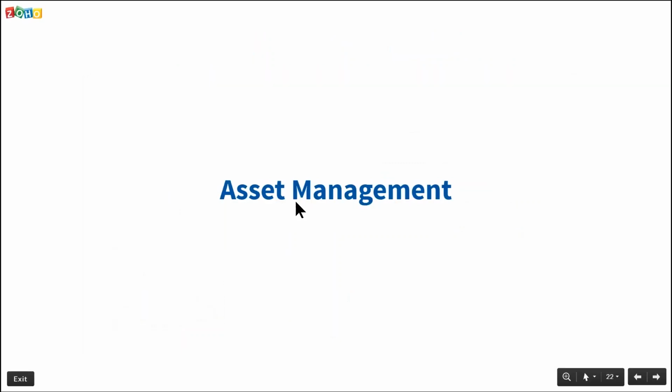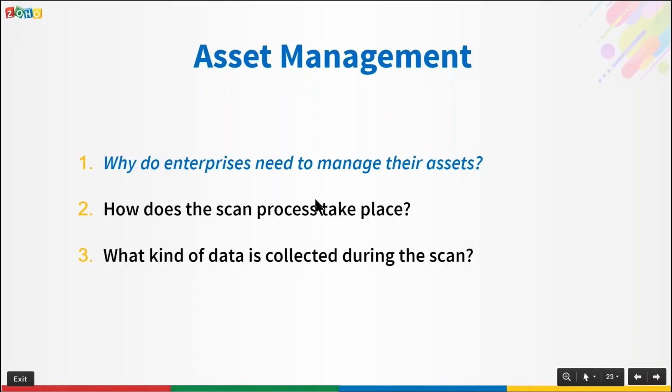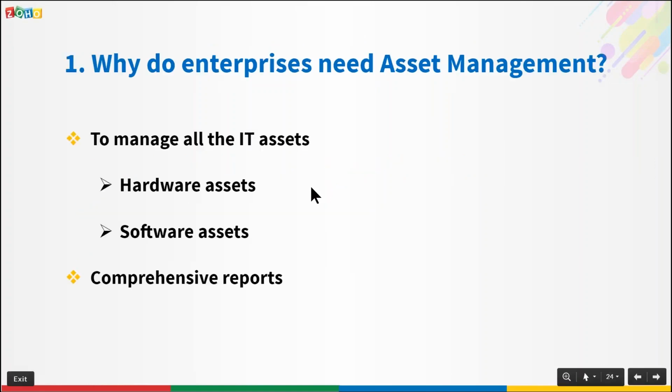So far, we have learned the general architecture of Desktop Central, how the agent communicates, and how we can define multiple remote offices. Now let's focus on asset management. So why do enterprises need asset management? In simple terms, asset management is required to manage all IT assets.